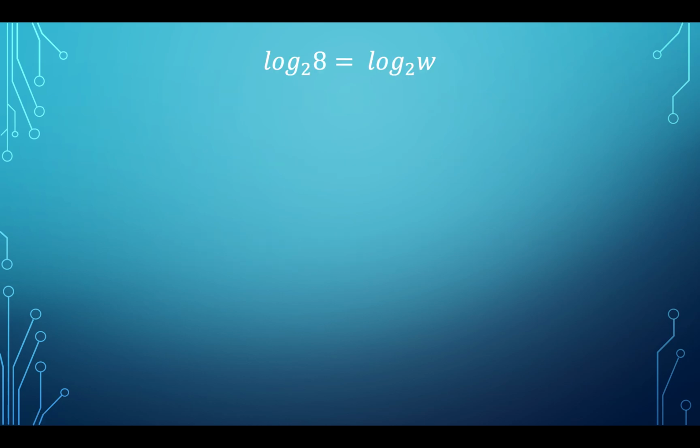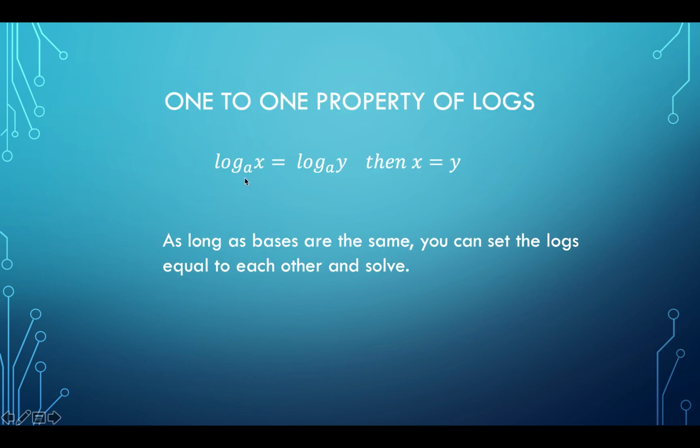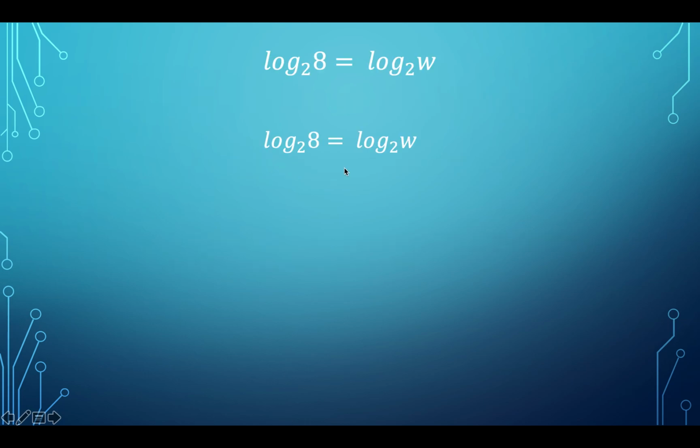So let's try this one. Log base 2 of 8 is equal to log base 2 of w. So we check this out. I just rewrote it. So we have log base 2 over here and log base 2 over here. Going back to the slide, when the bases are the same, base a, then we can set x equal to y.